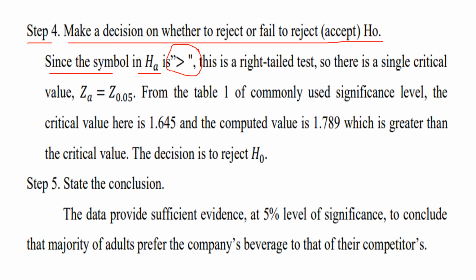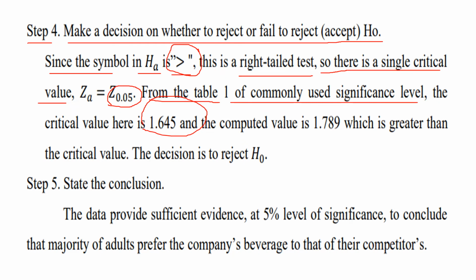That's why if that is greater than, then it's automatic that it will be a right tail test. So there is a single critical value here, which is equal to C sub alpha, or your C sub 0.05. Since we set your level of significance at 0.05, from the table of commonly used significance levels, the critical value here now is 1.645.